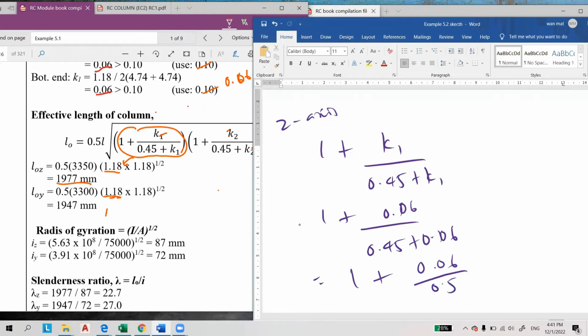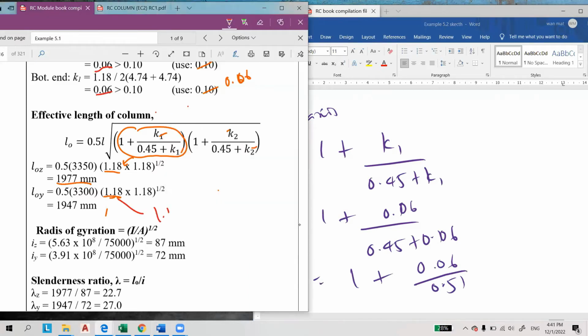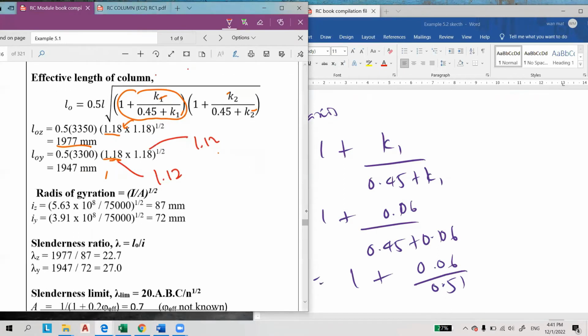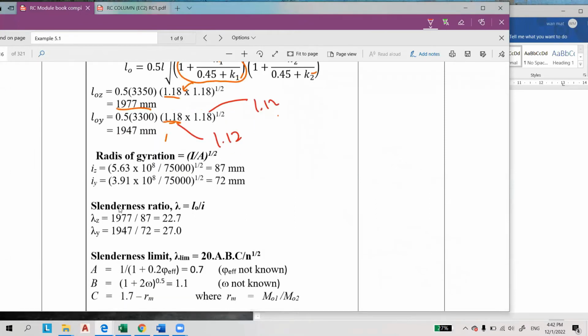So what is the answer now? Divided by 0.51, 1.12, right? Yes, 1.12. So you have to check. This one is 1.12.